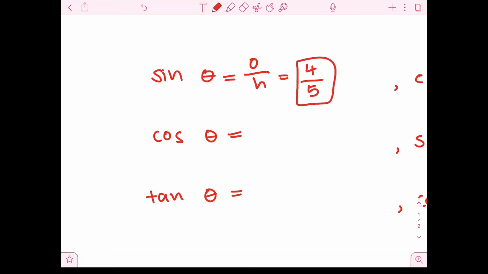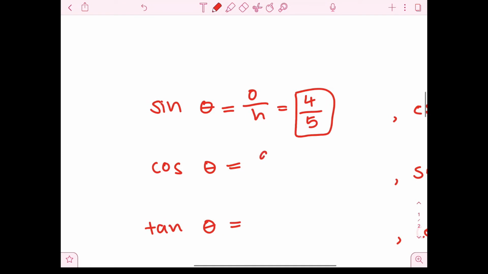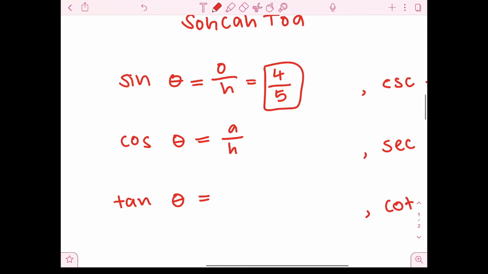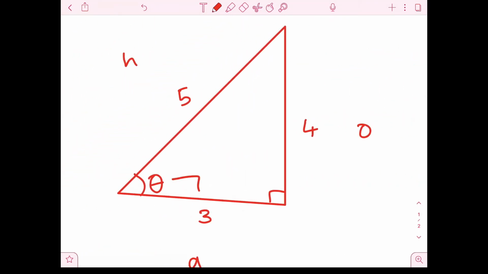And then cosine is going to be, if we look back up, we see that our cosine is adjacent over hypotenuse. And I'll write out SOHCAHTOA here. Adjacent over hypotenuse. We look at our triangle. Our adjacent is 3 and our hypotenuse is 5.